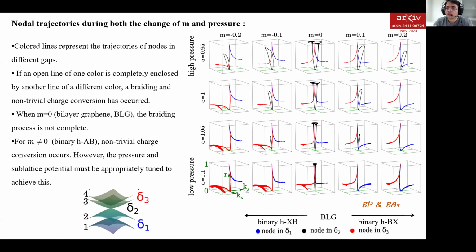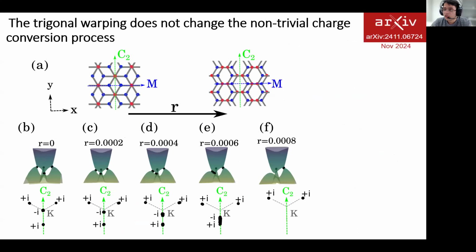We usually know that quadratic band touching is susceptible to trigonal wrapping, in which case the quadratic band touching decomposes into four Dirac nodes, one at the K point and three at adjacent places.